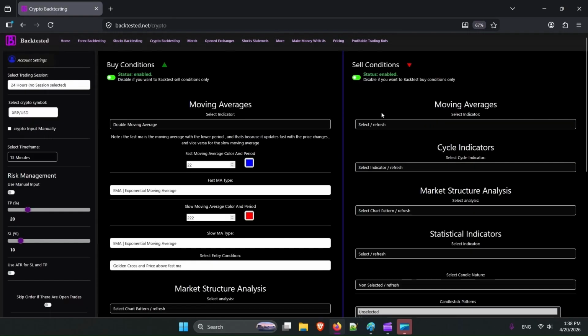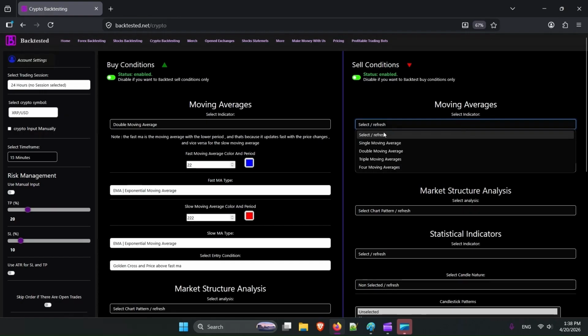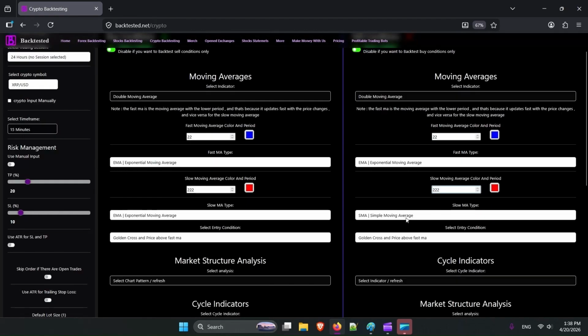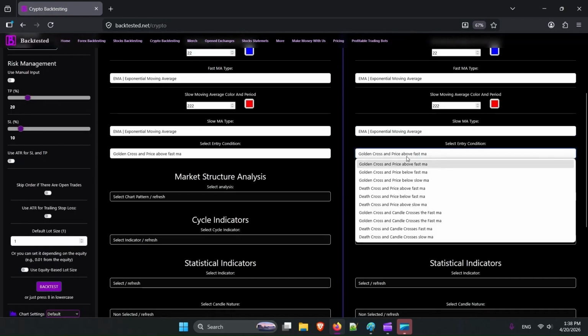Now we will pass to the sell conditions. We will select double moving average. Same thing, 22, and then we will select the exponential moving average. Same thing, but the opposite signal, EMA. And then the signal is going to be death cross, and the price should be below the moving average.